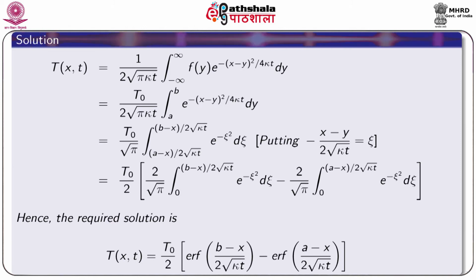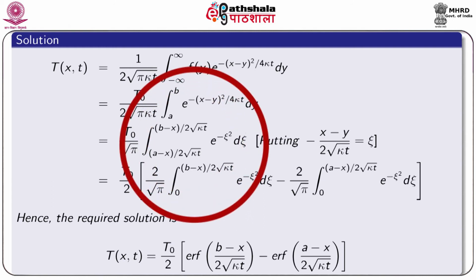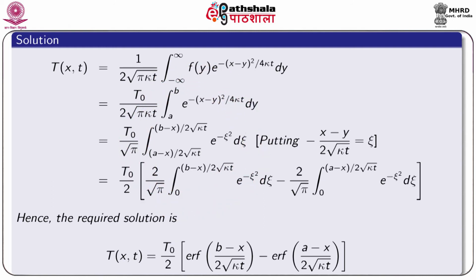Now, we substitute minus (x minus y) by 2 square root kappa t equal to xi. So, we are transforming the variable from y to xi. In terms of the variable xi, the integral becomes this, and the corresponding limits also change. Now, we can break the integral in this way.